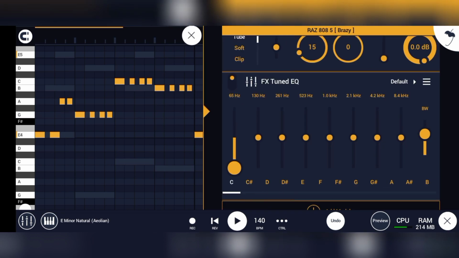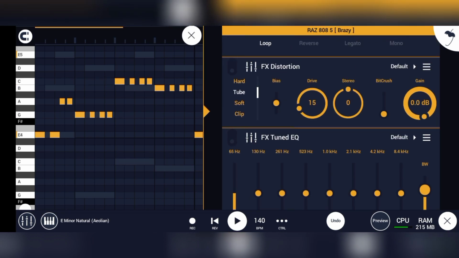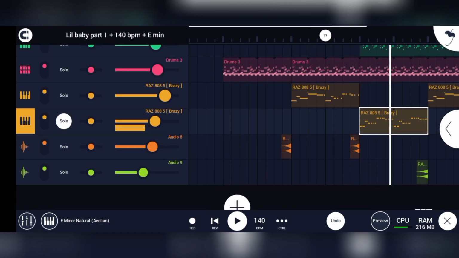And then I had to make the same exact 808 pattern, but different in some sort of way.